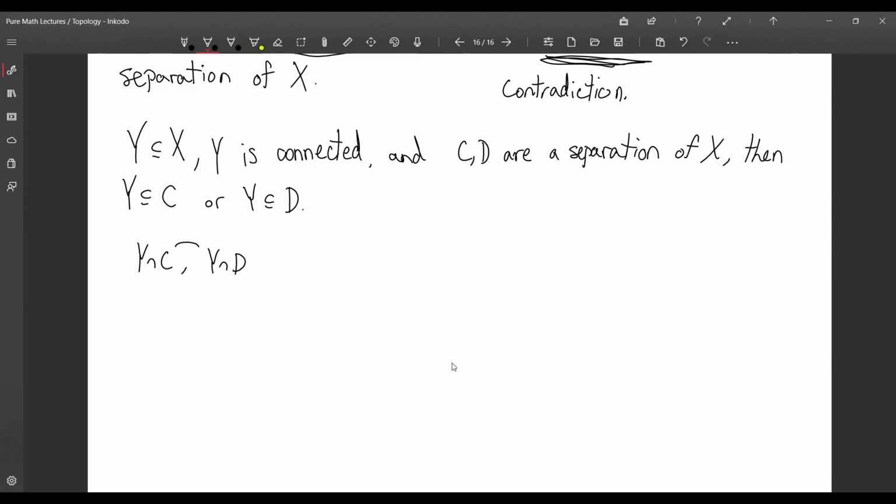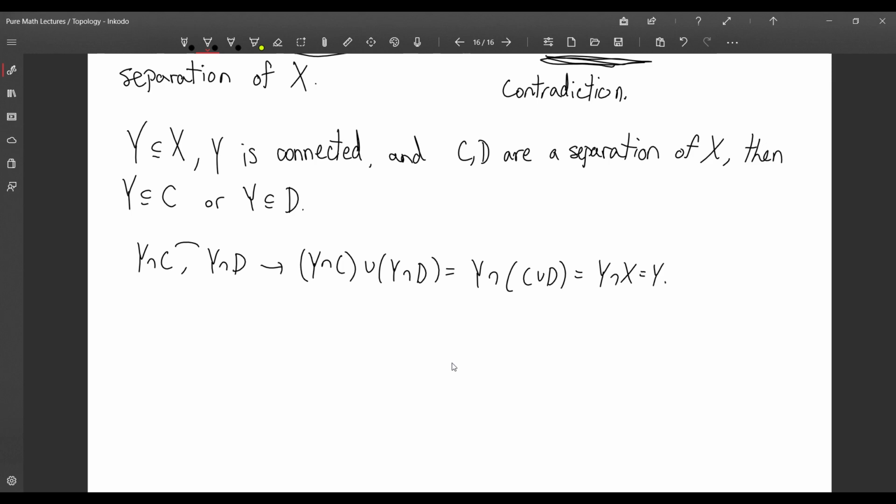So these are open and disjoint, and of course if we were to union them together, then we would get Y intersect C union Y intersect D, which equals Y intersect C union D, that is Y intersect X, which is Y.